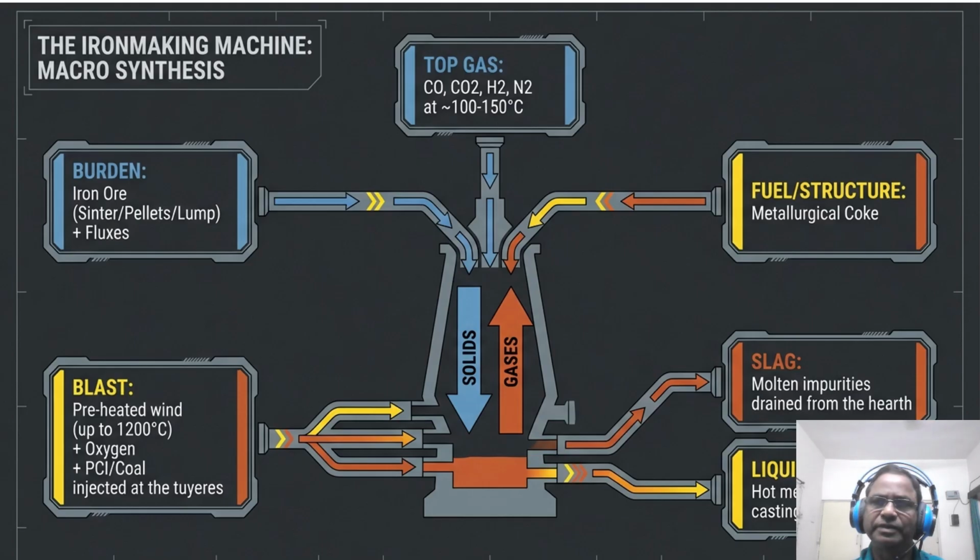Now this creates rising gases and descending solids, and basically these solids get melted in the bottom part, which are required to drain as hot metal and slag from the hearth. So this is what the macro synthesis of the blast furnace is about.